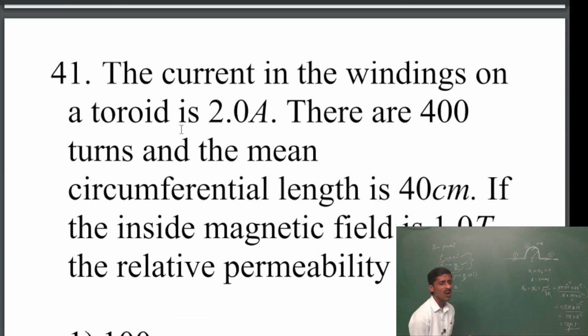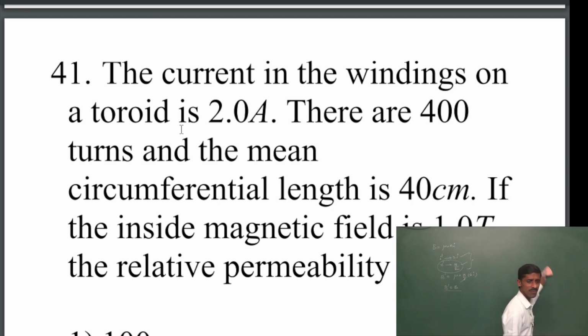The current in the windings on a toroid is 2 ampere. So a toroid is given. There are 400 turns, which means number of turns.